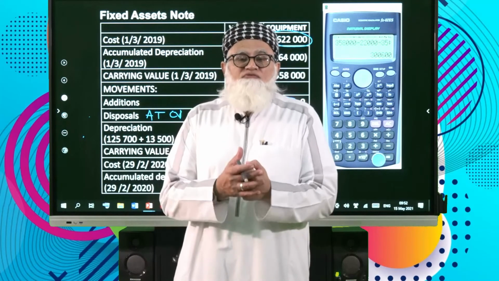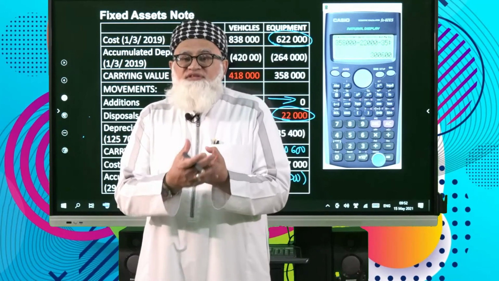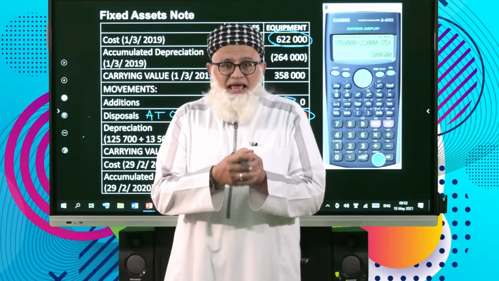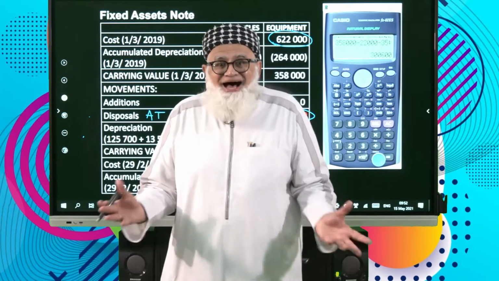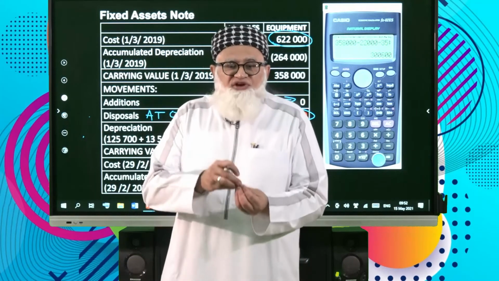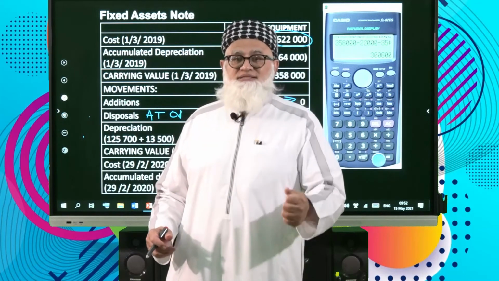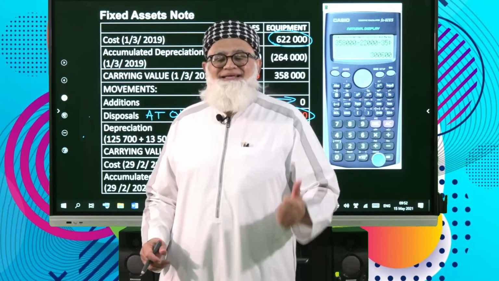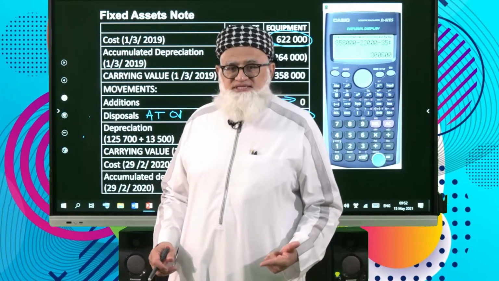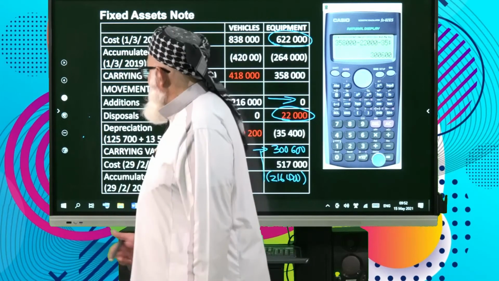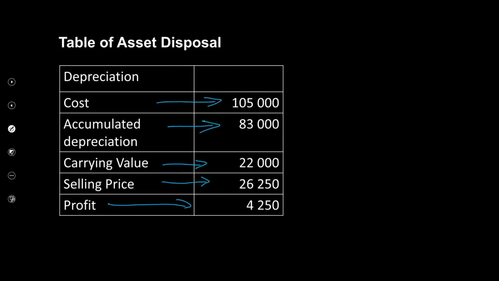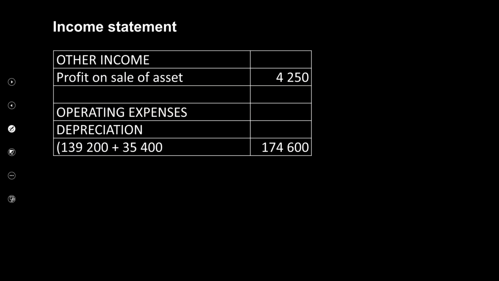Now, obviously, you need to have this information, and although the question didn't ask for it, what figures would you show in your income statement in terms of depreciation, and in terms of your profit on sale of asset or loss on sale of asset? So when you are doing your income statement, remember, we're going to say that you have a profit on sale of asset of 4,250.